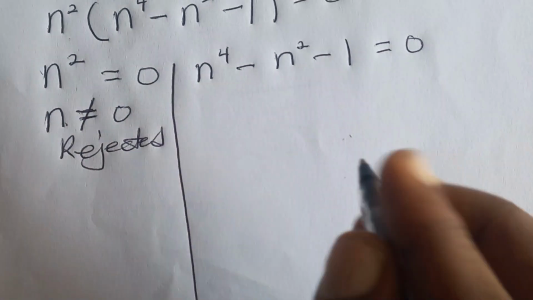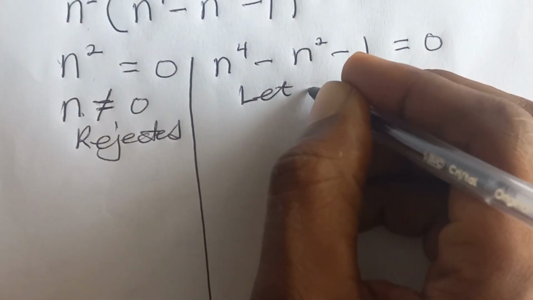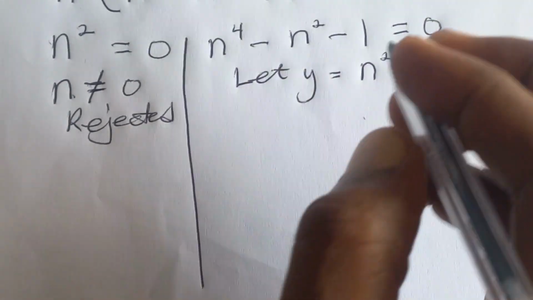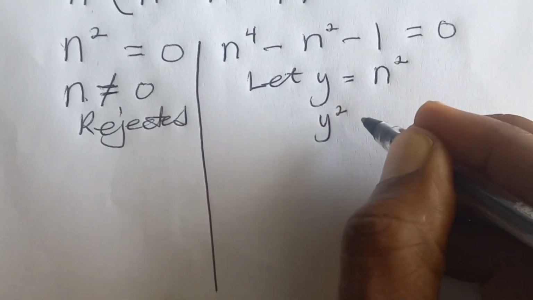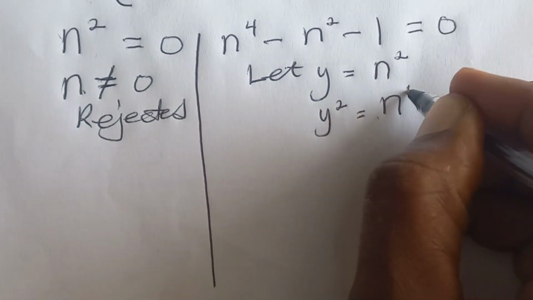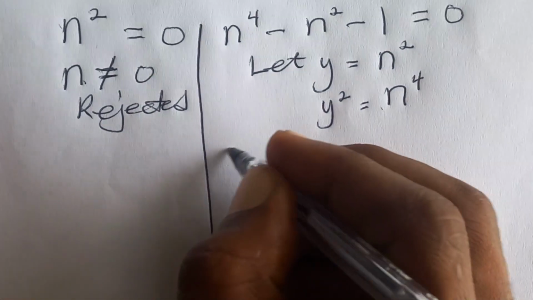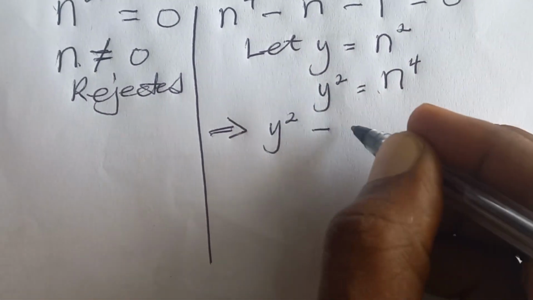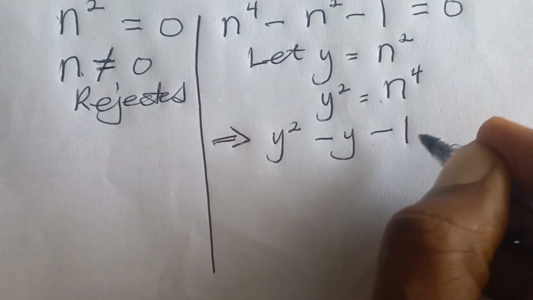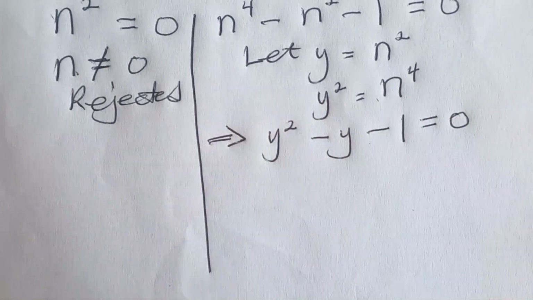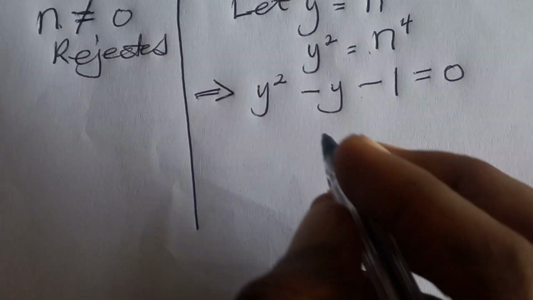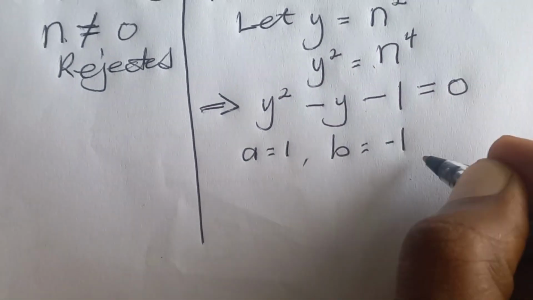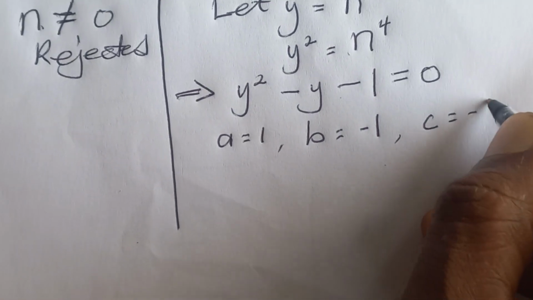Now let's tackle case 2. With this, you can let y is equal to n squared and y squared to be equal to n exponent 4. So our equation now becomes y squared minus y minus 1 is equal to 0. Now, our a is 1, b is equal to negative 1, c is also equal to negative 1.